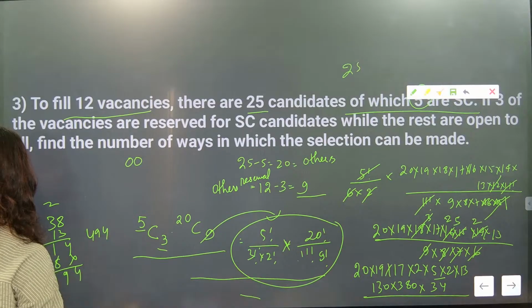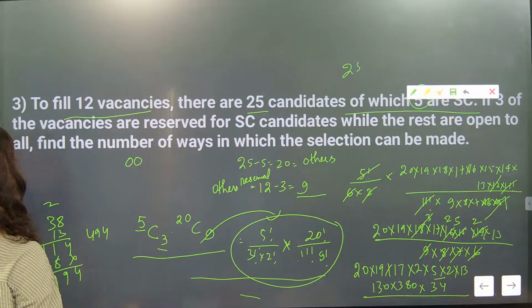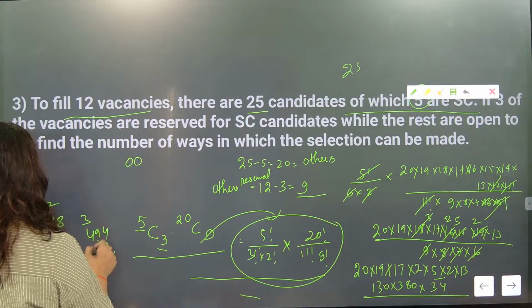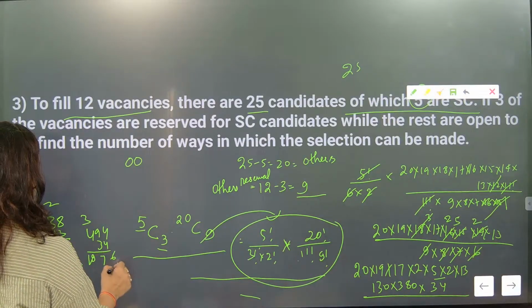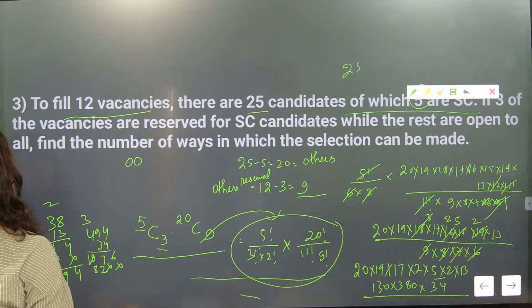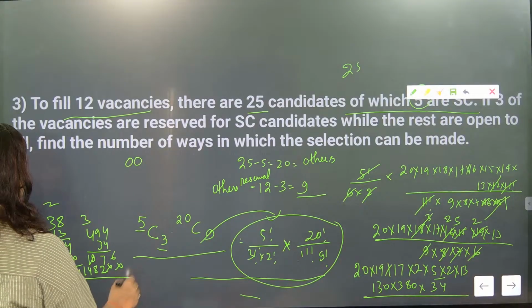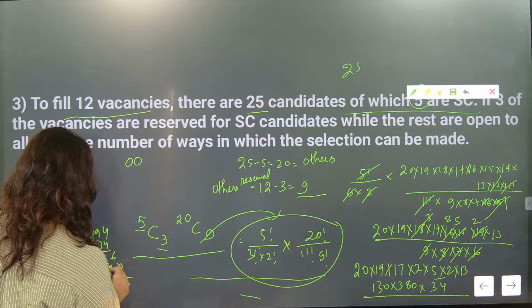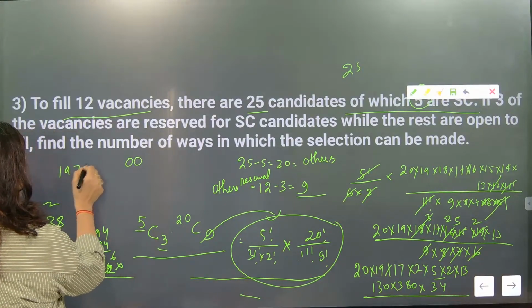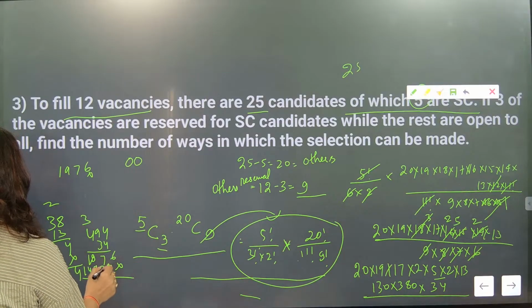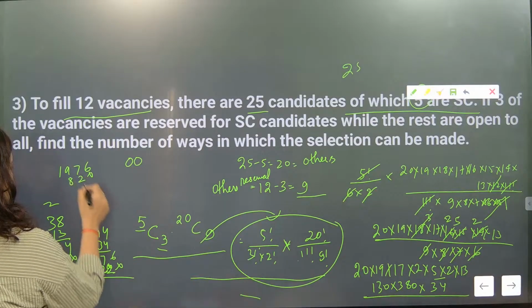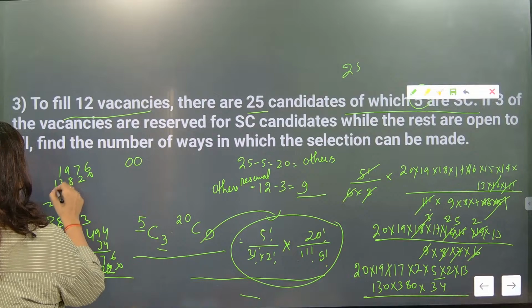So 4, 9, 4, 138 and 13 done 34. 1976. After that, 3, 4, 12, 3, 9, 27, 28, 3, 4, 12, 1, 13.